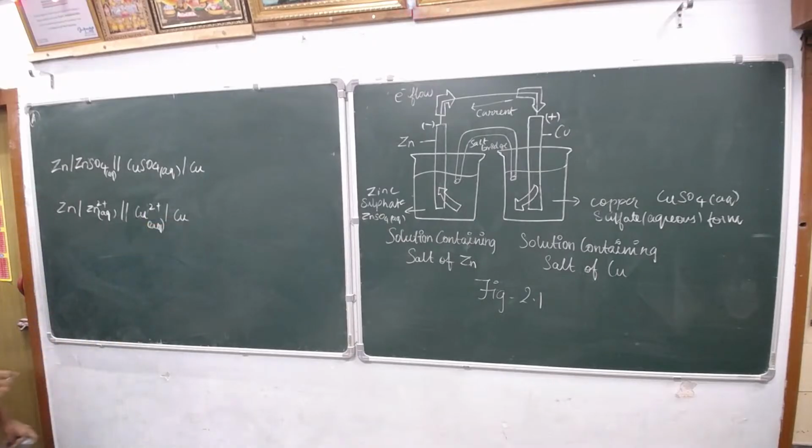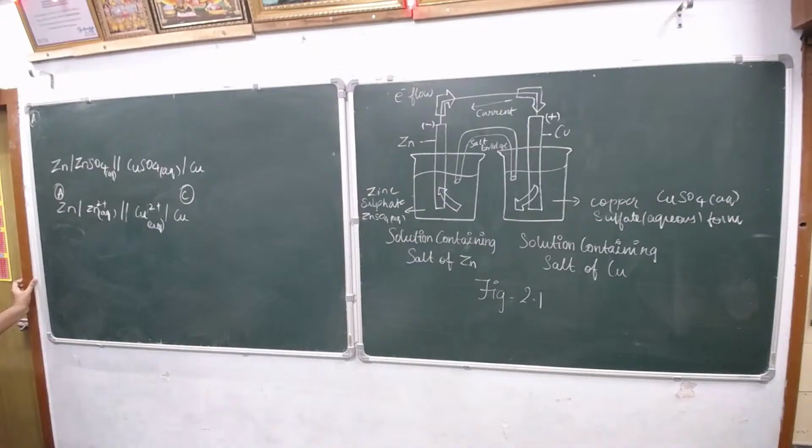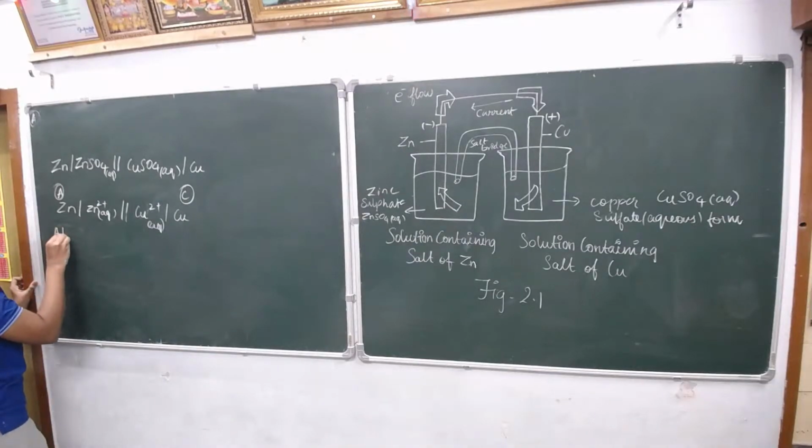What is the electrode on the left side, anode or cathode? Left is always anode. Write down A, here at the top only, and C. At the anode, what happens? Write down at anode and at cathode on both sides.